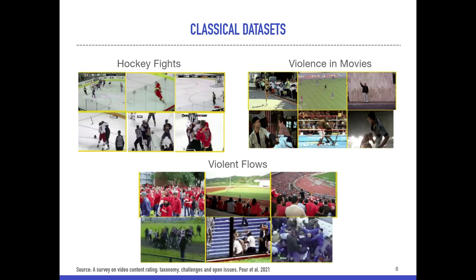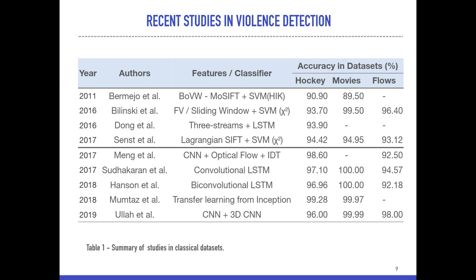The new techniques in this field, using neural networks, opened a way for many works to have high accuracy in these datasets. In recent studies since 2016, the community has had over 90% accuracy in all three of these datasets.